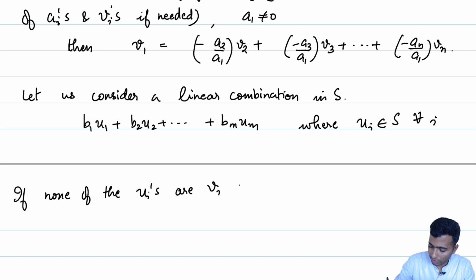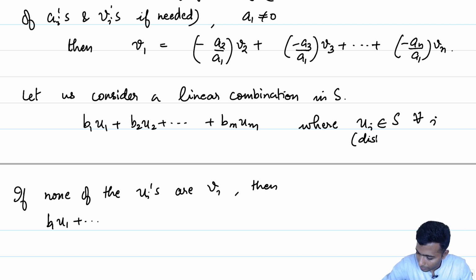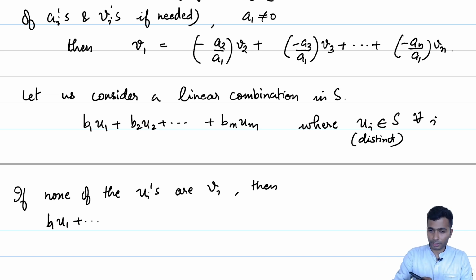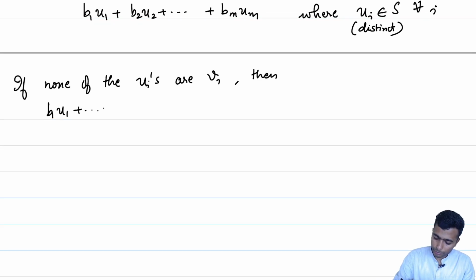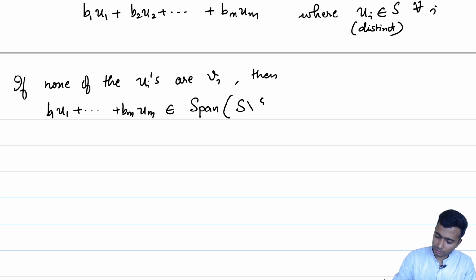Let us always assume the ui's are distinct, because otherwise we can absorb repeated terms into the sum. If none of the ui's are v1, then b1 u1 plus b2 u2 plus up to bm um already belongs to the span of S minus v1, right.